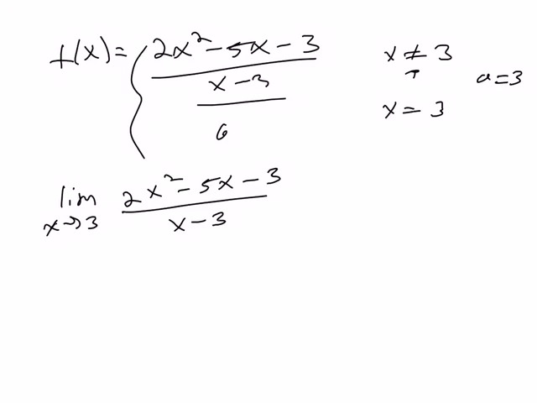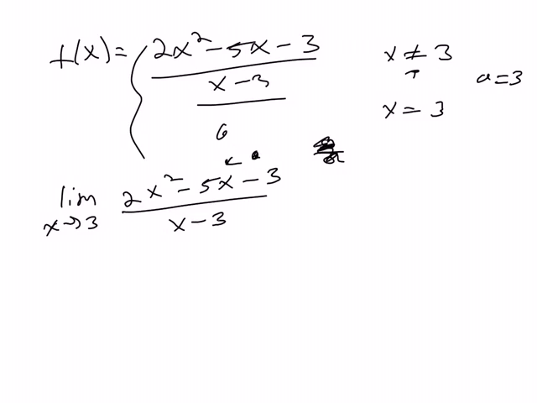We want to find the limit for this, and on the top we have 18 minus 15 minus 3, so it's 0, and the bottom is 0. So we're approaching 0 over 0, meaning we cannot say that this is undefined. A limit might actually exist. So now let's check to see what that limit is.